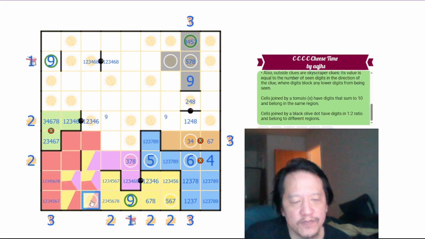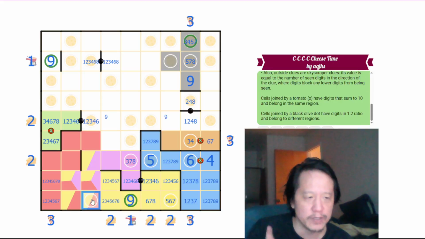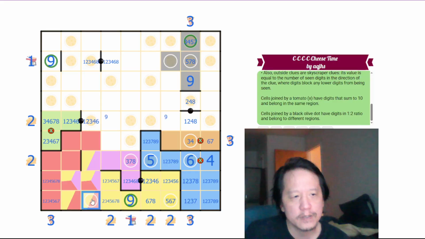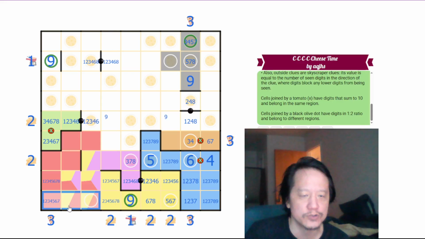This, if this is red or yellow, it's guaranteed to not be an 8. Because yellow can only see at most 6 cells here. Red can only see at most 1, 2, 3, 3 cells here. So this cheese circle is not going to have an 8 in row 9.